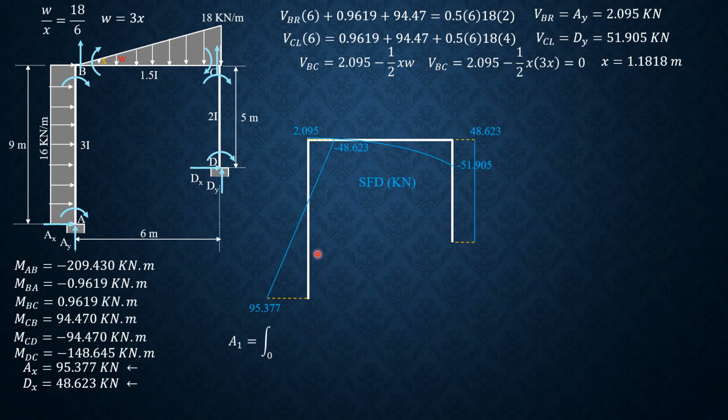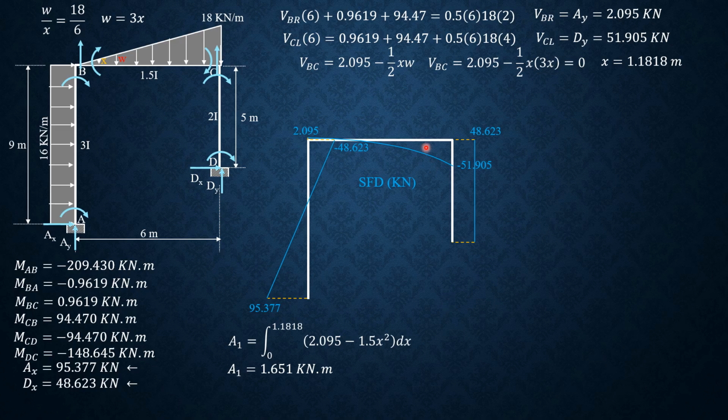So A1 is the area of this very small triangle, the integral of this shear equation dx from 0 to 1.1818. So the integral of quantity 2.095 minus 1.5 x squared from 0 to 1.1818. So area 1 is equal to 1.651 kilonewton meter.